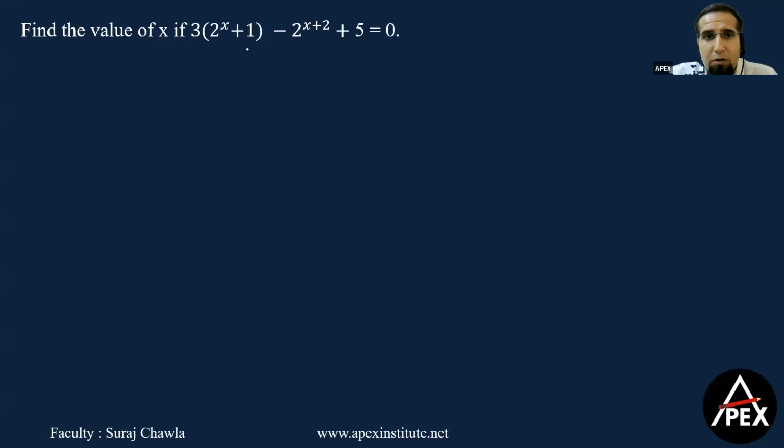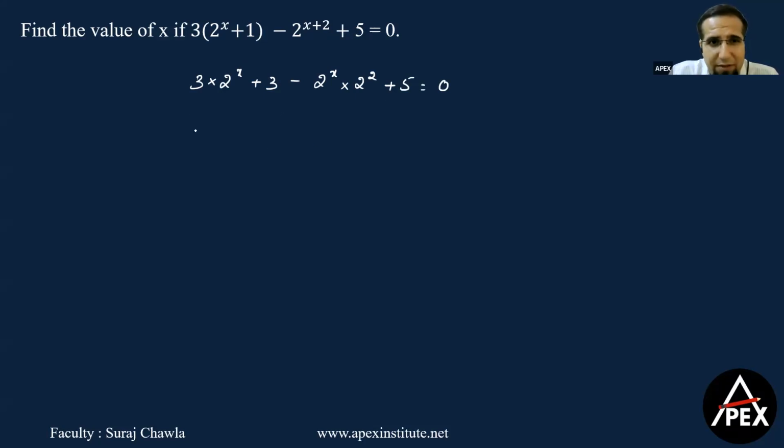So 3 to the power 2x plus 1. So let's write this as 3 into 2 to the power x plus 3 minus 2 to the power x into 2 square plus 5 is equal to 0. So let's simplify this.